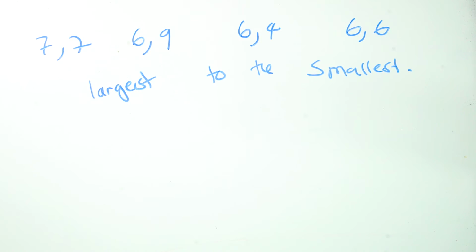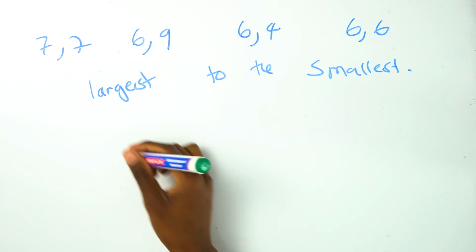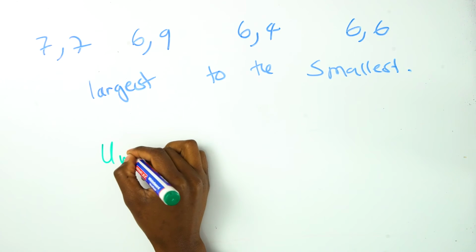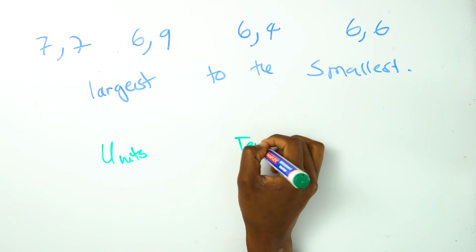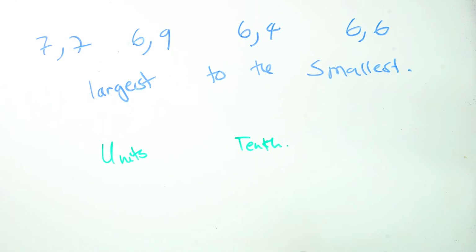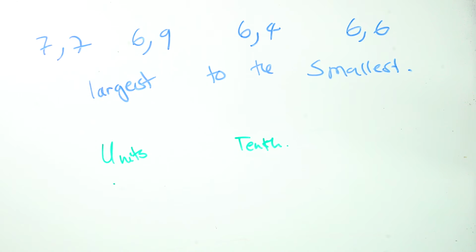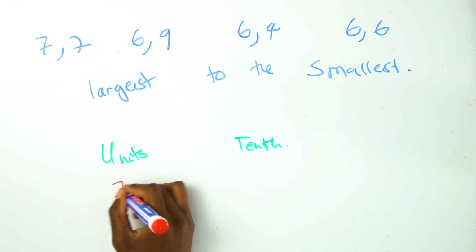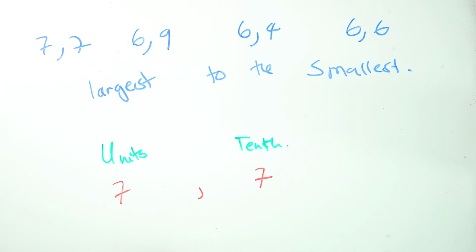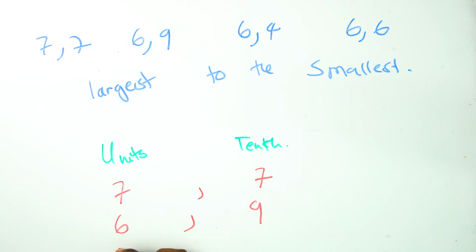Since we only have the units and the tens, you write the units and the tens. There are two digits. So you write the first one, 77. The next one is 69. Then the next one is 64. The next one is 66.